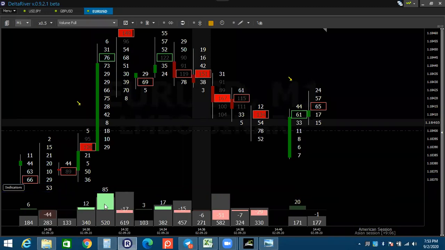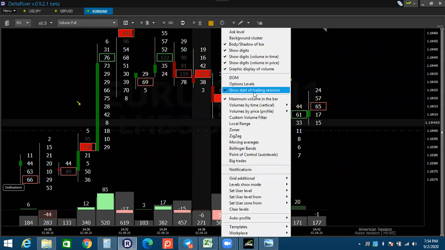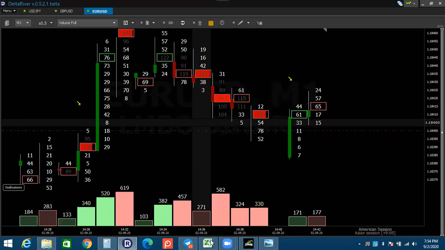So if in this candle the buyers' volume is bigger than the sellers', they subtract. The total volume is 520, but the pure extra volume after subtracting is 85, which means the buyers' volume is greater than the sellers' volume. So delta is a subtraction and addition of the volume. But we don't need delta. We only need full volume.